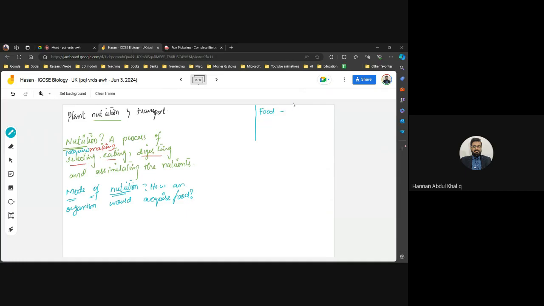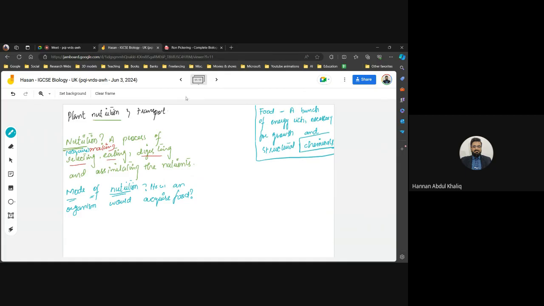Food is basically a bunch of energy-rich chemicals necessary for growth and structure.